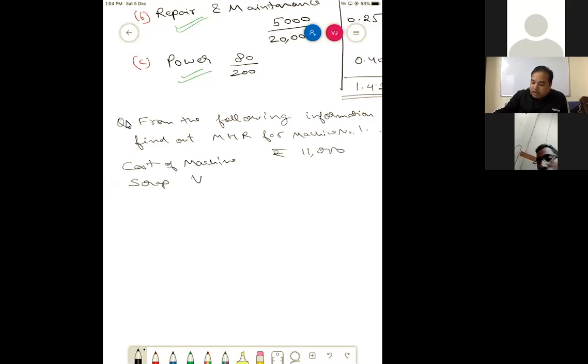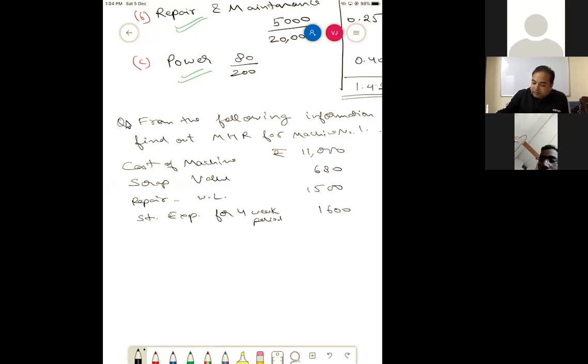The scrap value 680. Repair for working life 1,500. Standing expenses for a 4-week period, that is for a month, it is rupees 1,600.